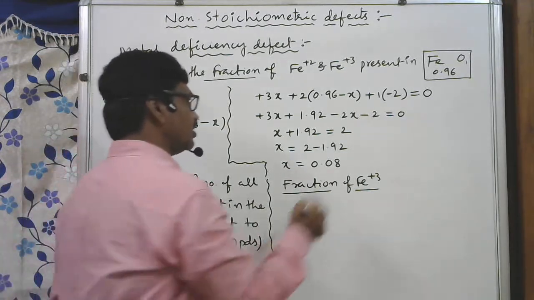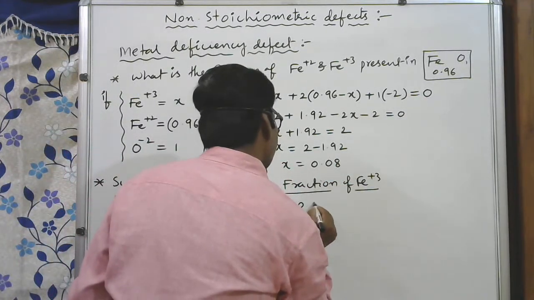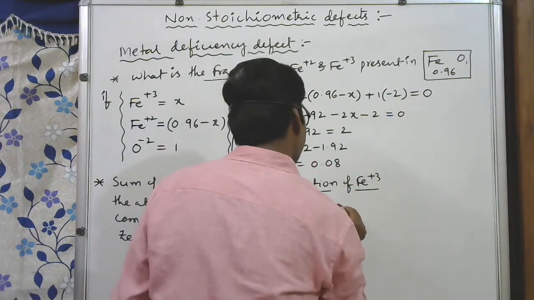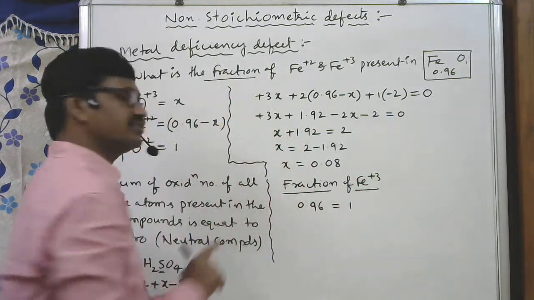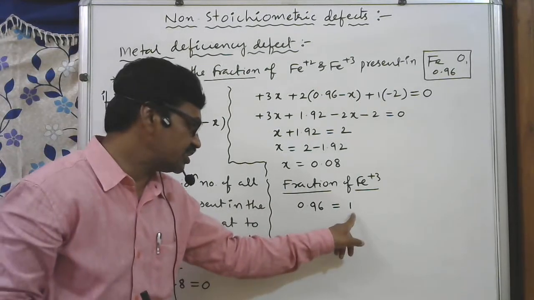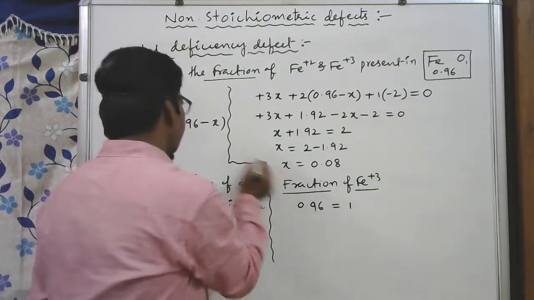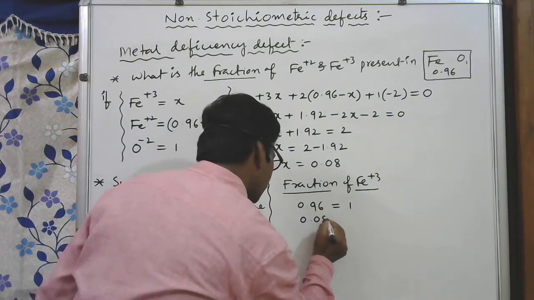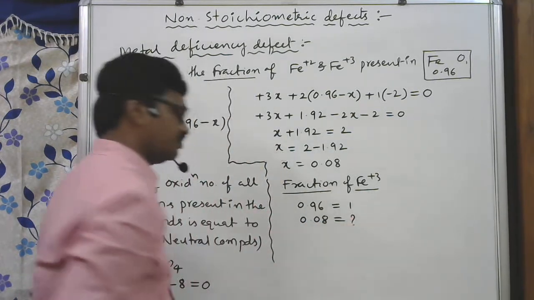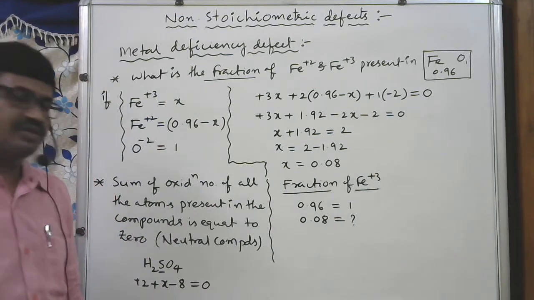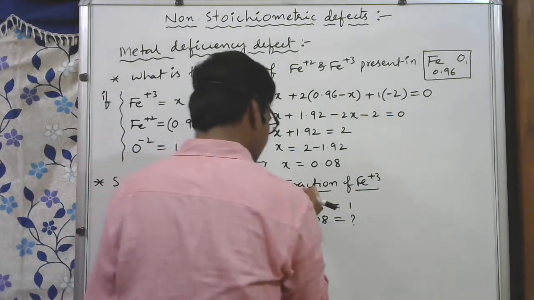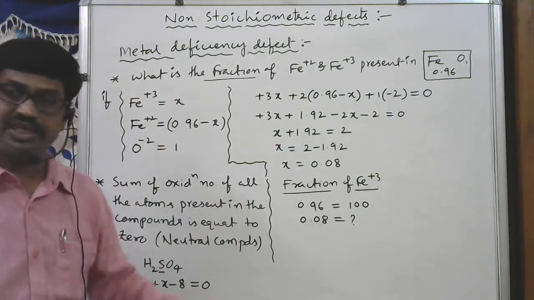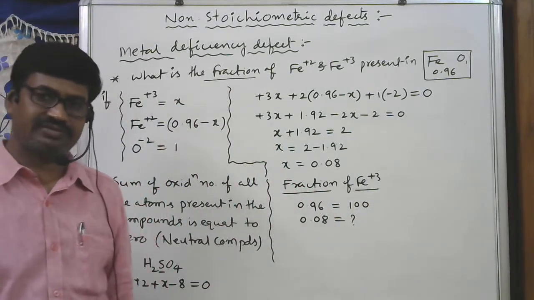So what I am doing, the 0.96 given in the question is considered as 1, because fraction. If percentage, 0.96 equal to 100, and the x value you got for plus 3 is 0.08. 0.08 equal to how much? Otherwise, after getting this fraction, if you multiply with 100, you can get percentage.